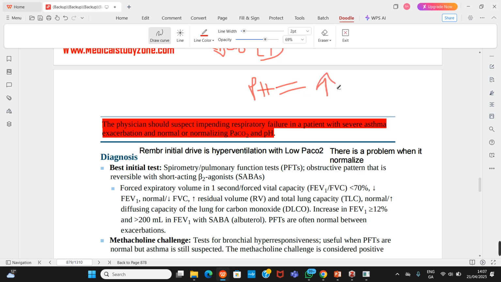But when it's getting severe and the person is almost developing respiratory failure, the respiratory muscles become weak. So the person will not be able to get out CO2 again. CO2 gets retained in the blood, and the pH in that kind of person is going to start approaching normal or becomes low.